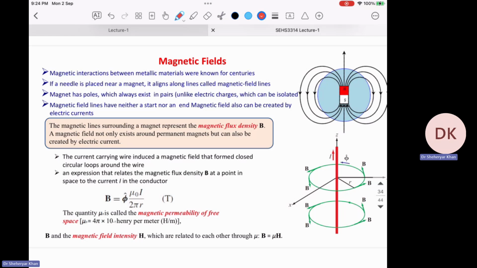Similar to epsilon naught, the permittivity of free space, we have permeability. That means the ability of the material to support the magnetic flux. For example, if you have a coil placed in air, it behaves differently.